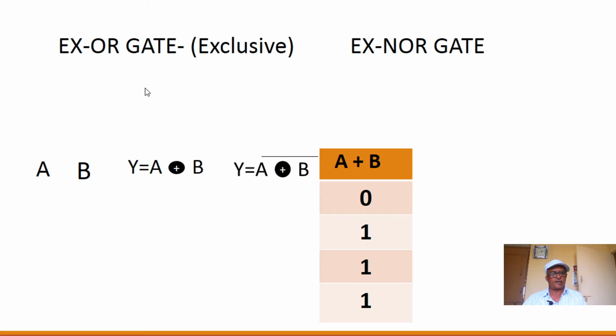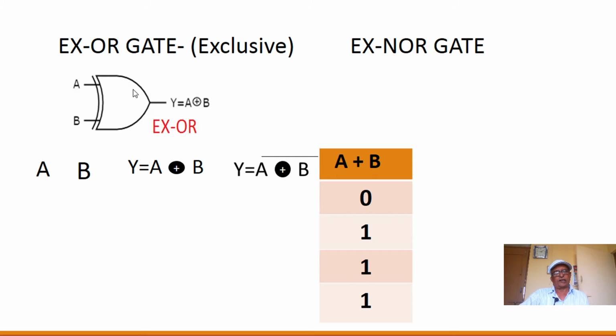Now the two more gates we are going to consider, the first is the exclusive OR gate. The symbol is like this. Here an additional curved line is drawn on the OR gate. If we consider only this much part, then this is the OR gate, and an additional line is drawn on the input side.